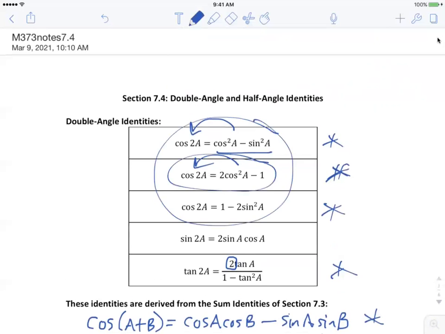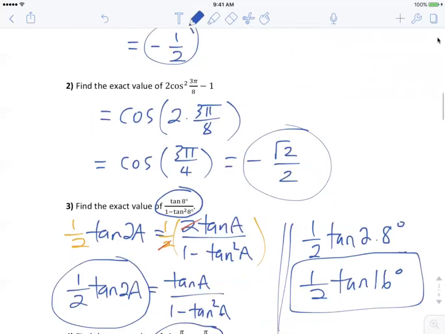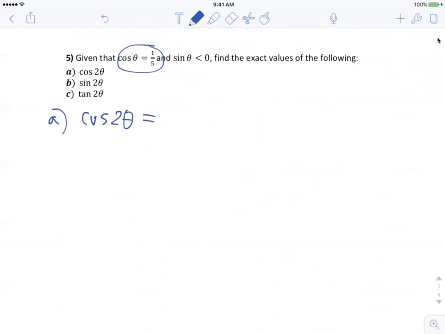This one is the one that just has cosine. The other ones have sine, which you could use, but then you'd have an extra step of finding sine A first, or sine theta in this case. So let's use that middle one, 2 cosine squared minus 1. Now all I have to do is just plug in the 1/5.